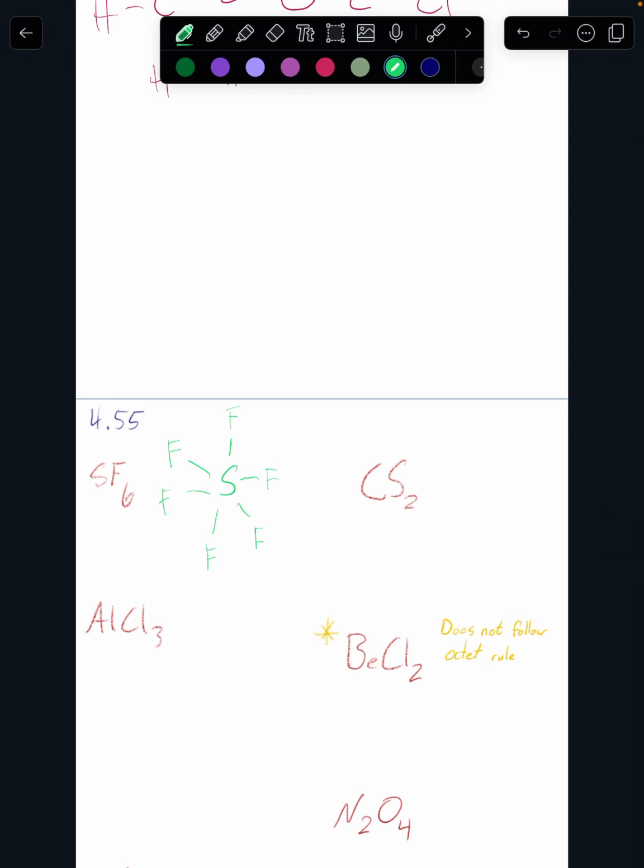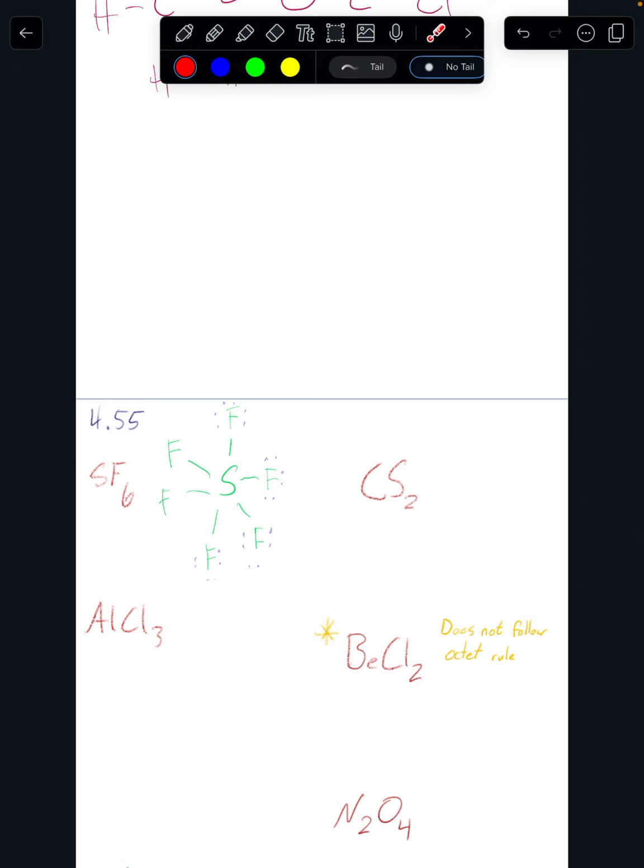And in this case, we would most likely have a bunch of lone pairs. Like 1, 2, 3, 4, 5, 6, 7. So as you can see, all of this fluorine is also happy.